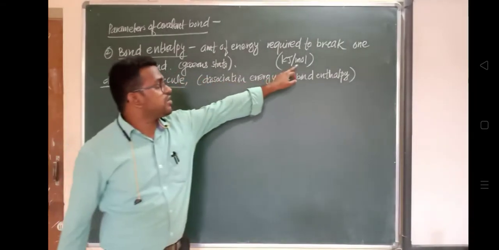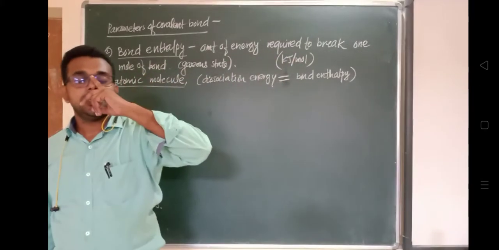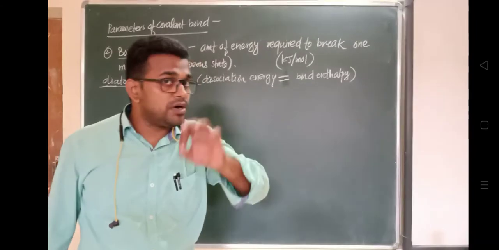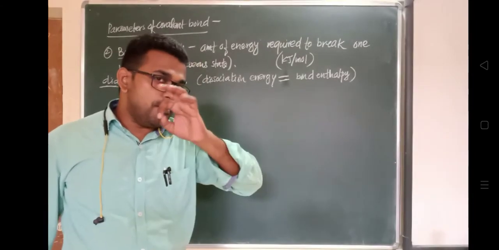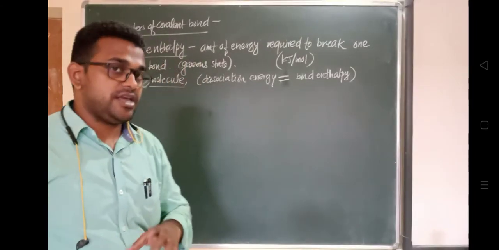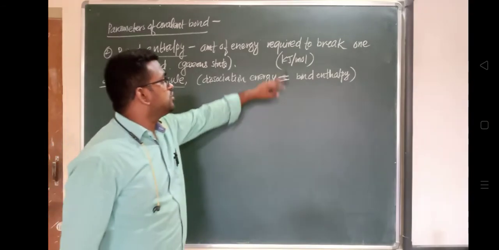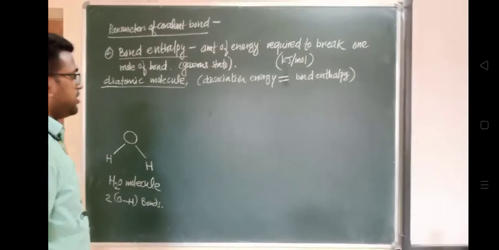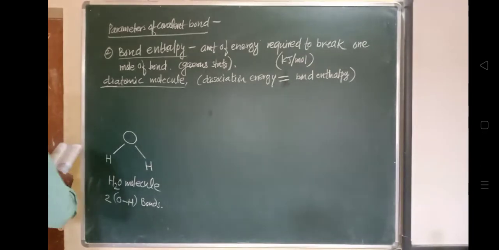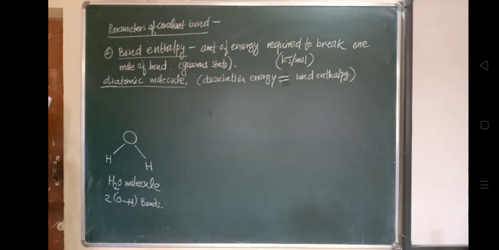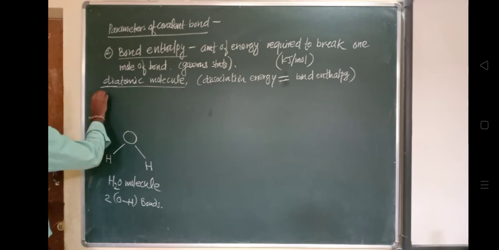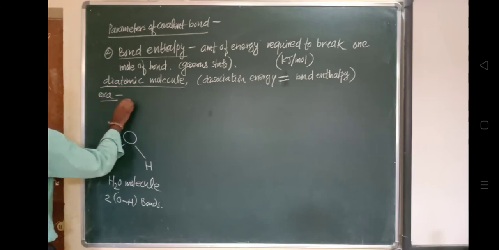So for example, bond enthalpy in case of the H2 molecule. Here this is one hydrogen atom, this is one electron from this, and this is another electron from the other hydrogen atom, and this is one covalent bond formed between these two hydrogen atoms.